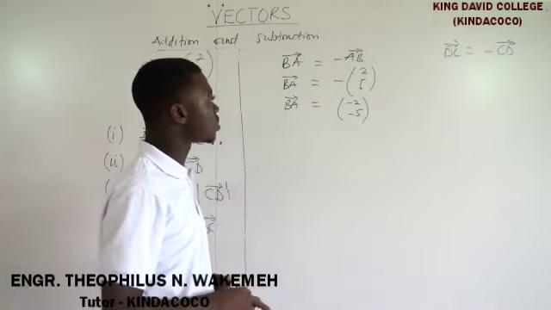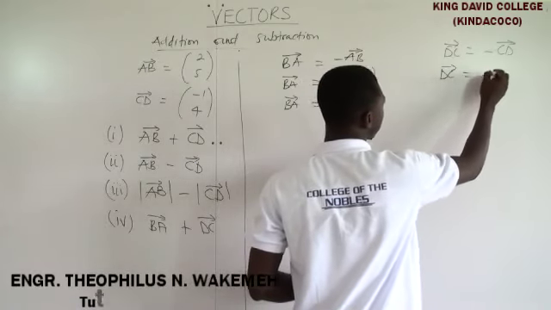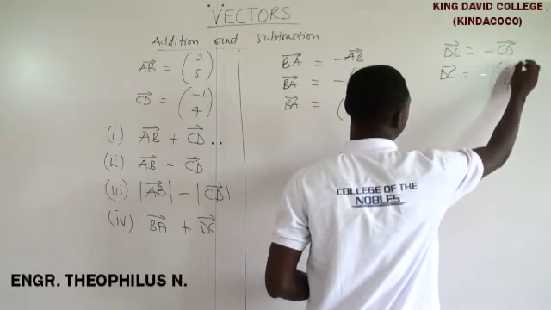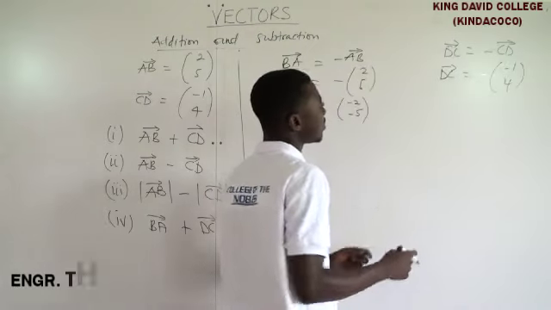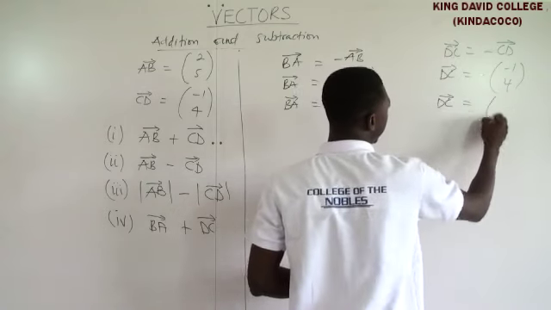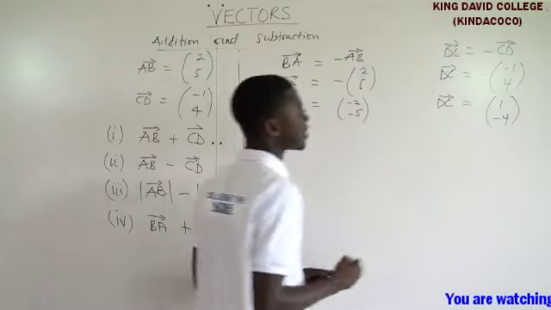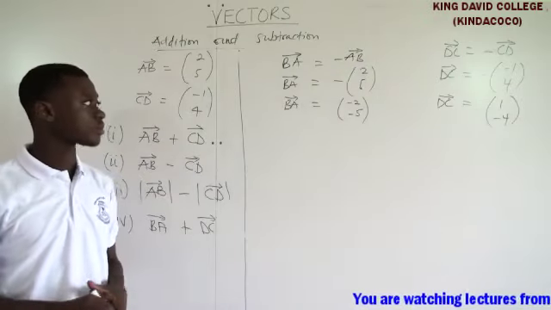Therefore, if we want to get this DC, so DC then is equal to negative of minus 1 and 4. And therefore, if you do this, DC is going to be minus minus of this plus, and then this is minus 4. So the reverse of what you have.